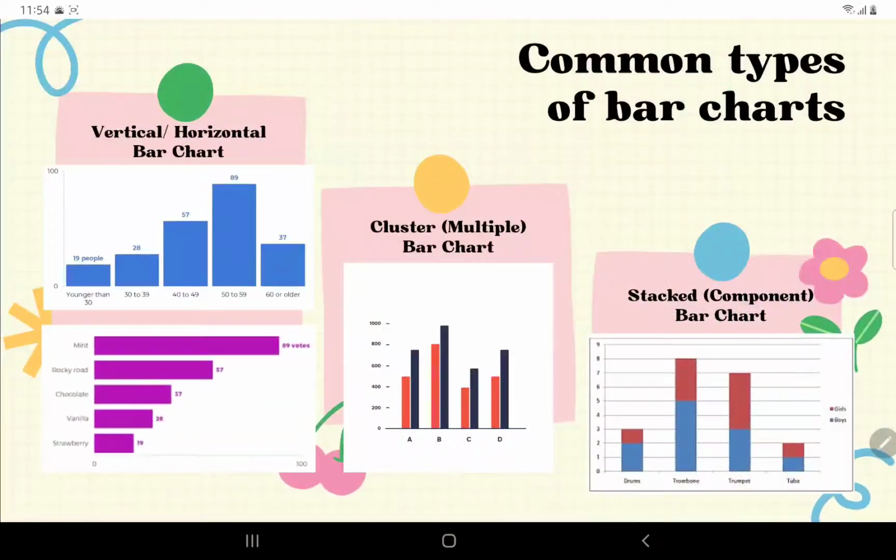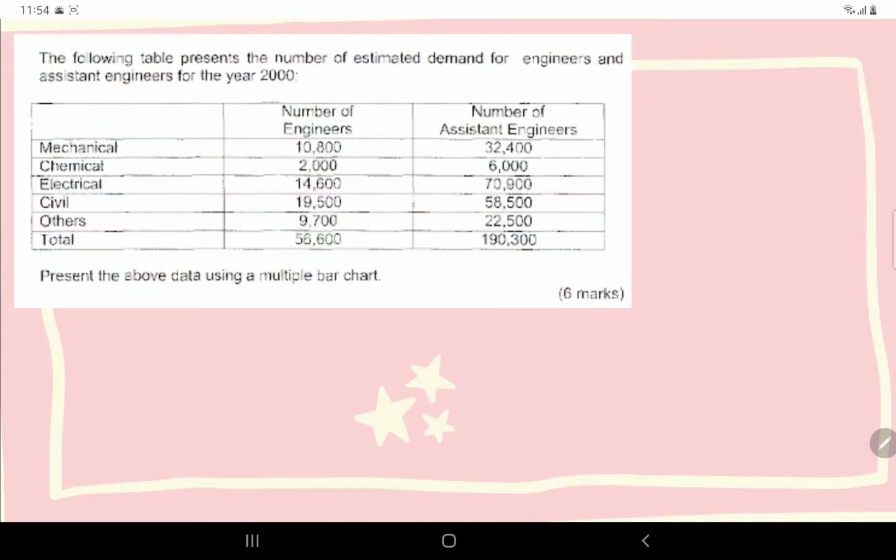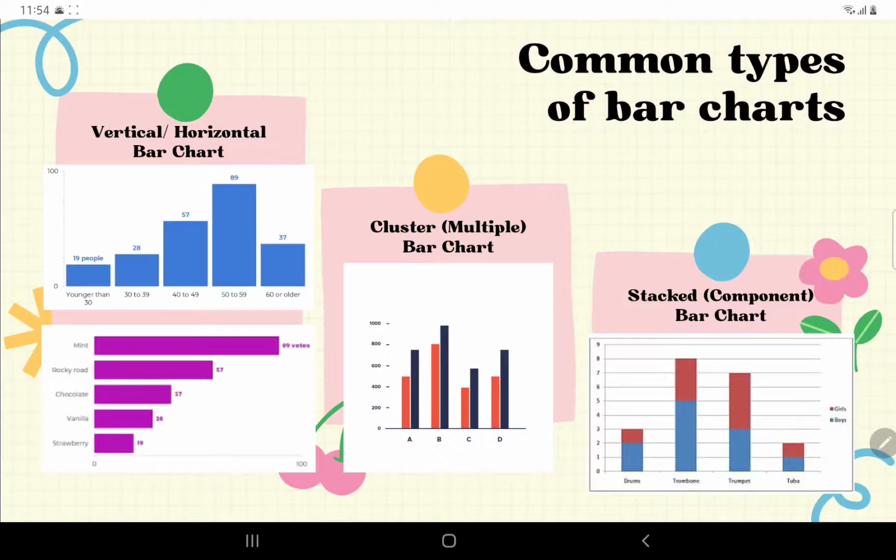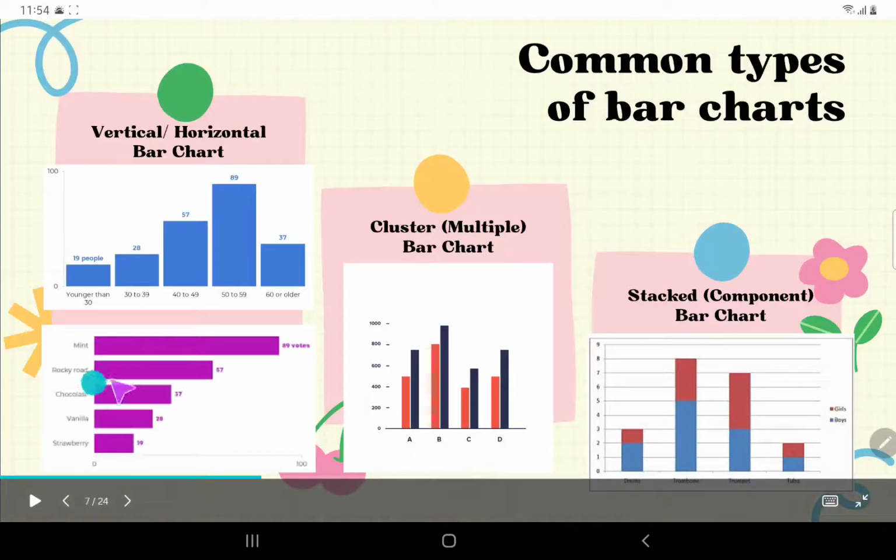Okay, there are several common types of bar chart. They are vertical bar chart, horizontal bar chart, cluster bar chart or the multiple bar chart, and stack bar chart. In vertical bar chart, okay, this is the vertical bar chart, we have vertical columns, while in horizontal bar chart, we have horizontal columns.